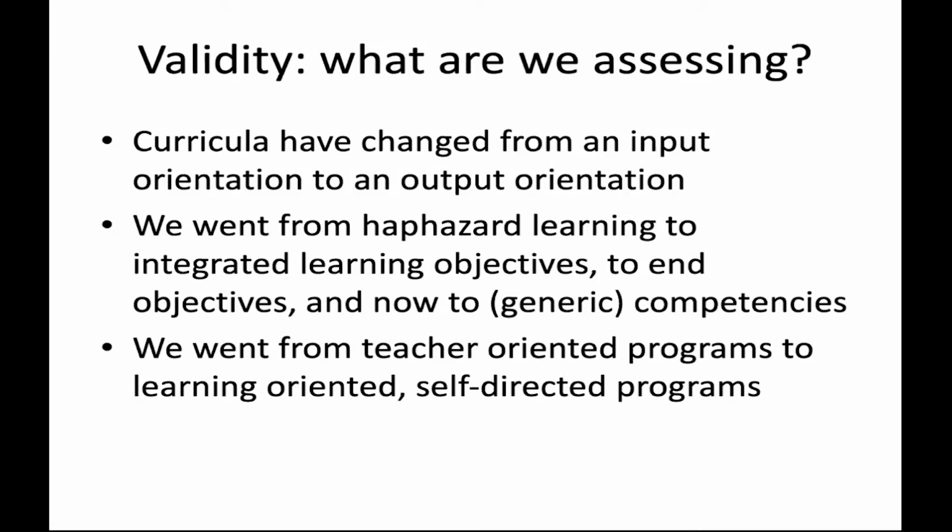Whereas with an output orientation, you define the outcomes of your education. What is it you want your learners to be able to do at the end of your training program? And therefore, we started to define either learning objectives or nowadays more competencies. What kind of skills would you like your graduates to have when they enter the labor market?